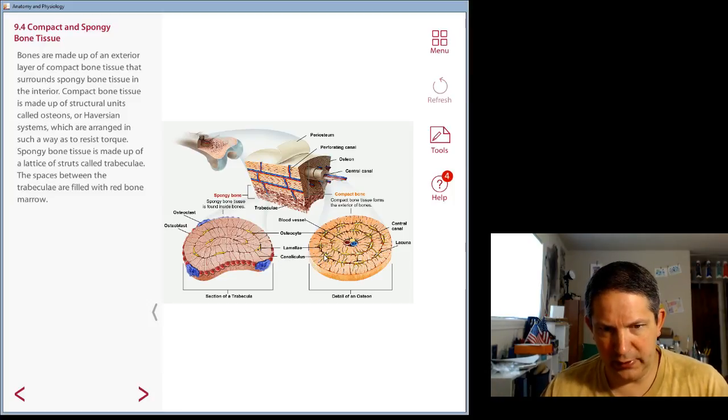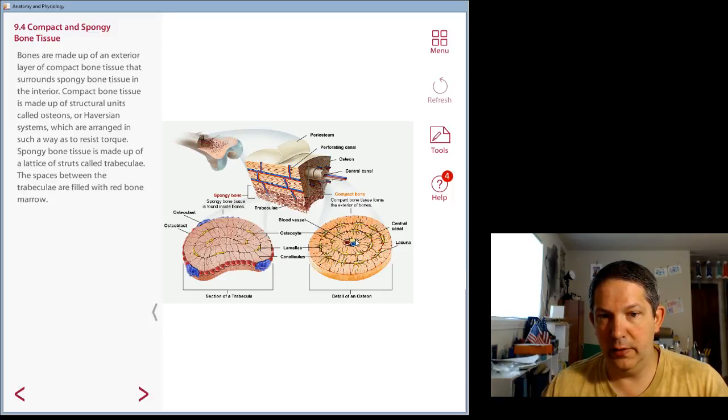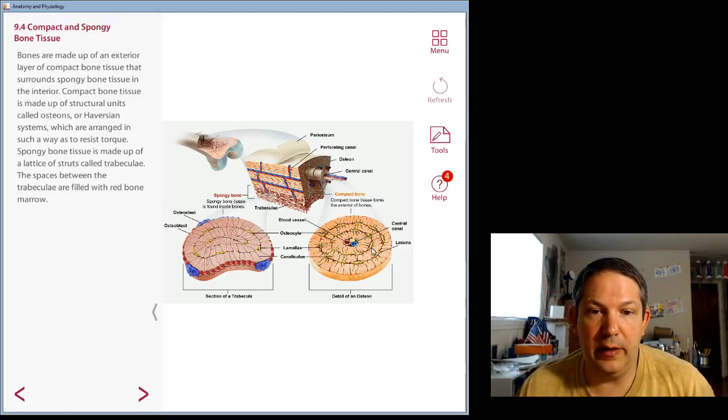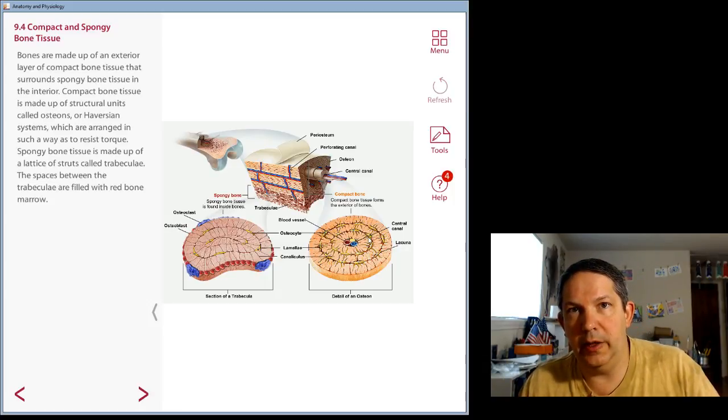These little tiny canals are called canaliculi, like baby canals. Canaliculus is singular. And then these little spaces where the cells live, the osteocytes, the space is called a lacuna, which is basically just a little lake. So the osteoblasts, those that are secreting new bone tissue, cause crystallization of the minerals around them.